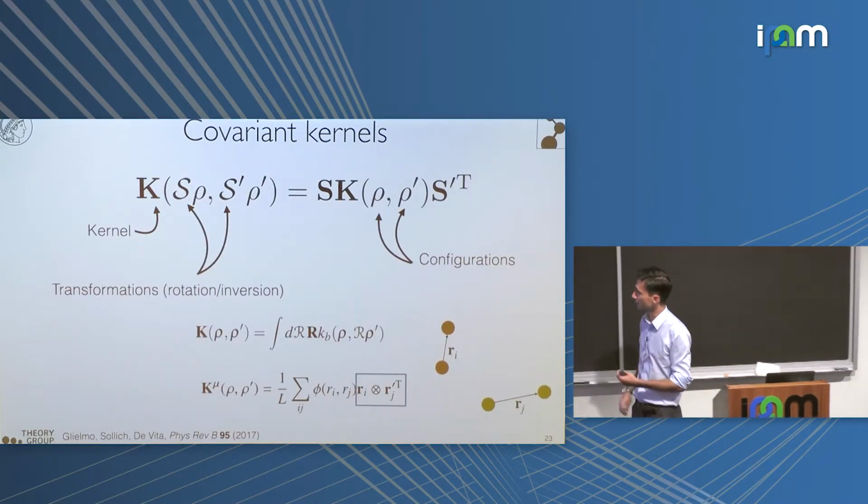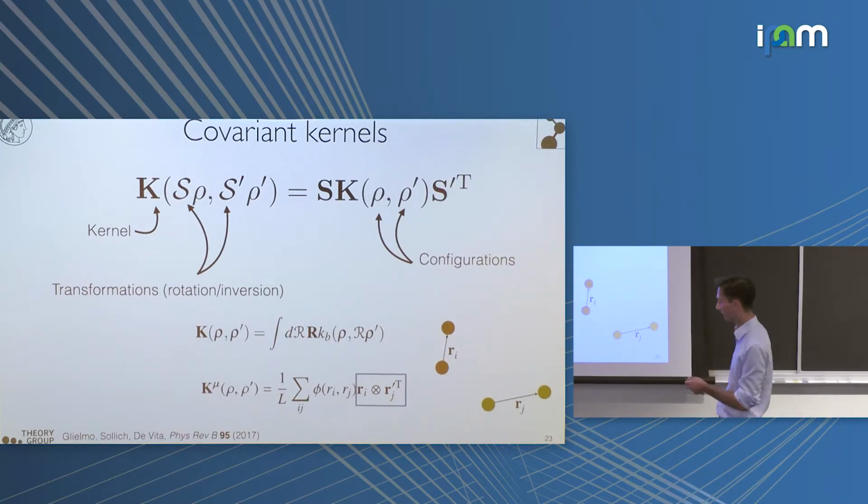A covariant kernel would work in the following way: if you have a certain sample rho for which you apply rotation S, and another sample rho prime for which you apply a rotation S prime, then that should be equal to the original kernel on the unrotated samples rho and rho prime, and then you apply the rotation matrix S on the left side and the transpose of the rotation matrix S prime on the right side.